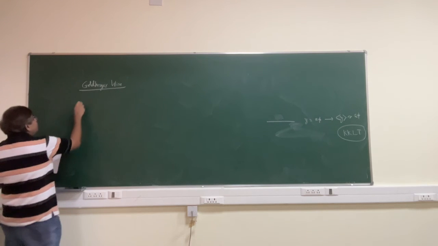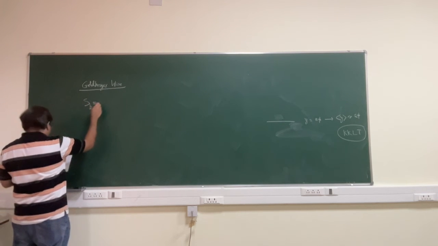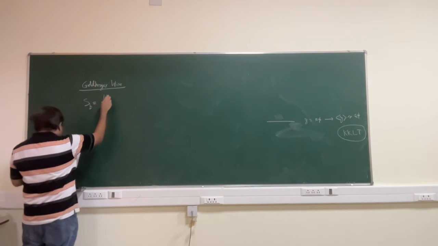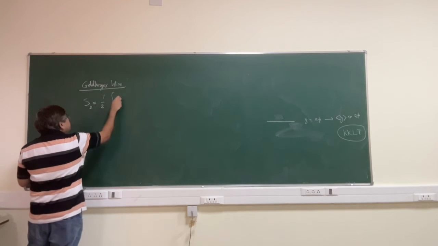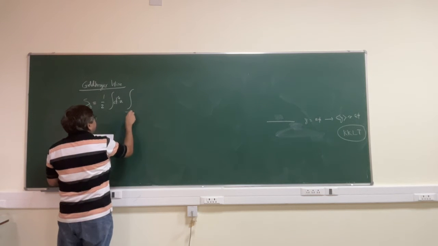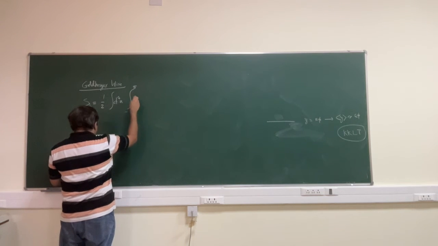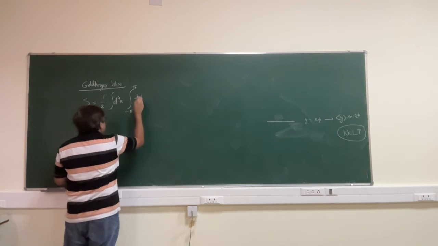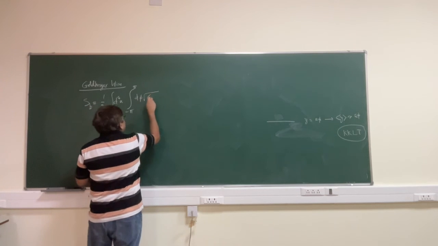So this one is you start with a bulk action, the standard bulk action, just like what we wrote right now, that 0 to pi r or minus pi to plus pi, it doesn't matter essentially, root g, capital G or small g.